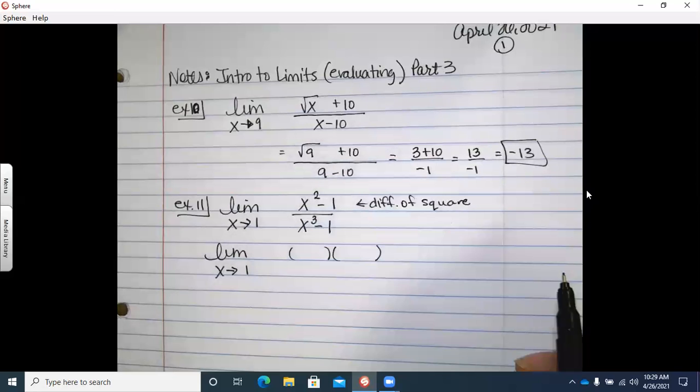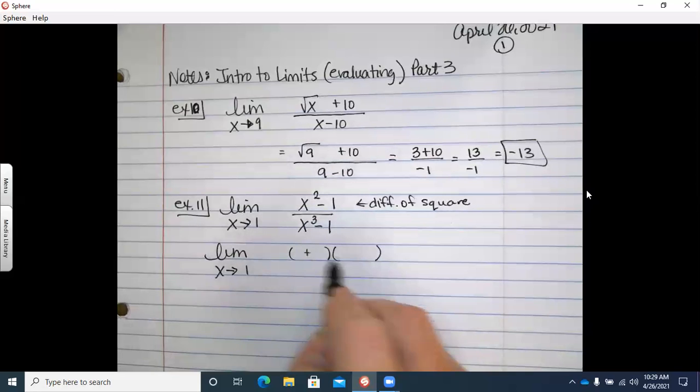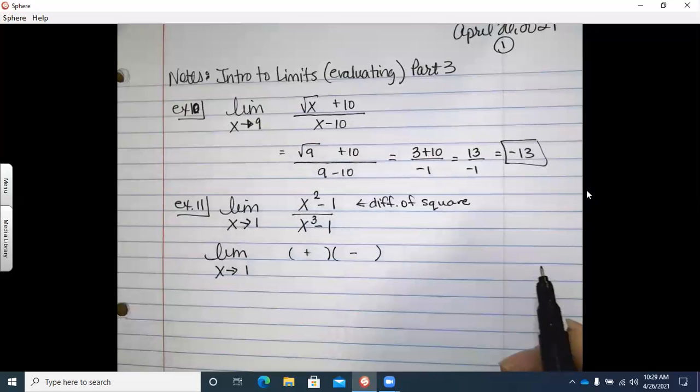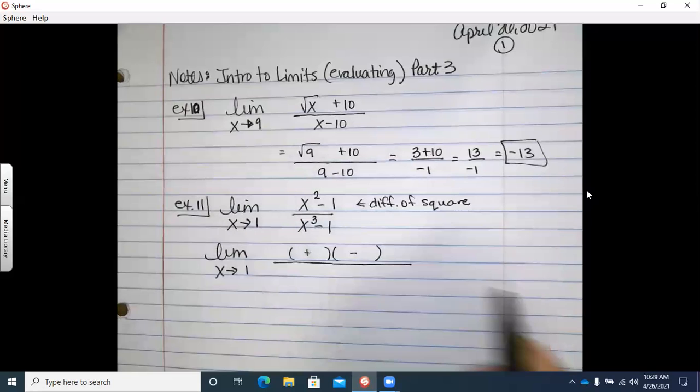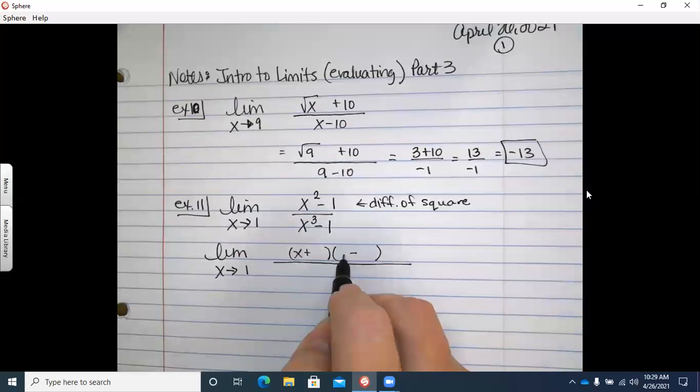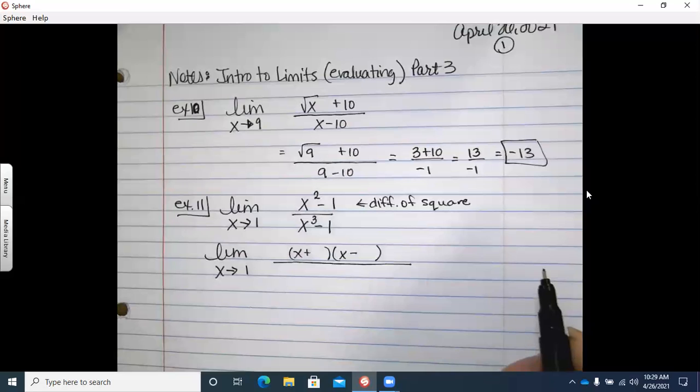Put a plus in the middle of one set, a minus in the middle of the other. The first term in each set is the square root of the first term. What's the square root of x squared? X. The second term in each set is the square root of the absolute value of the second term. What's the square root of 1? 1.